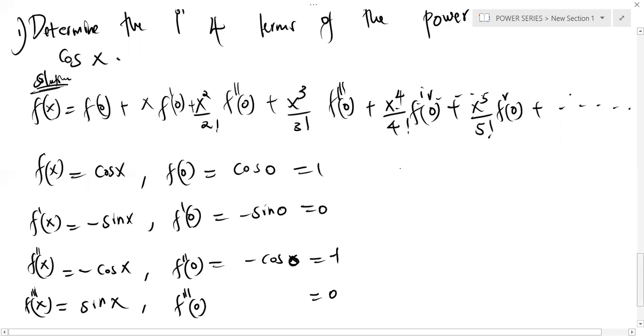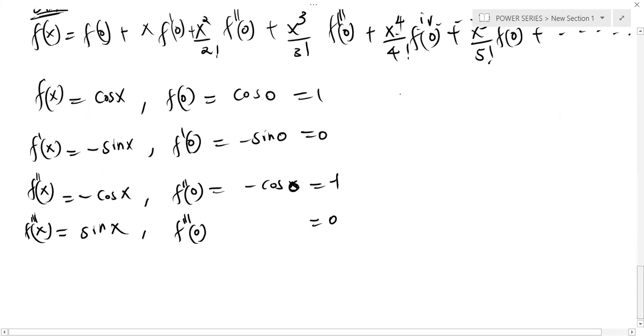So we only have 2 terms so far, because if we replace these values, then we will have zeros there. So finding the fourth prime of x, differentiating sine x, we get cos x, and f fourth prime of 0, if we put 0 here, that will give us 1.